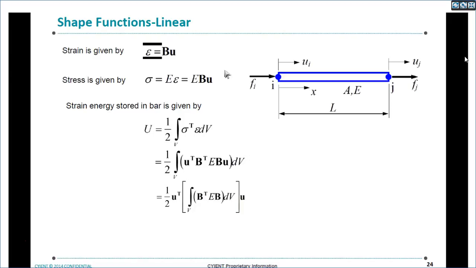So this is u transpose, then you get u transpose B transpose. Strain is given by B into u, that is given here. So when you take u transpose and u out, the integral of B transpose E B dV is K.